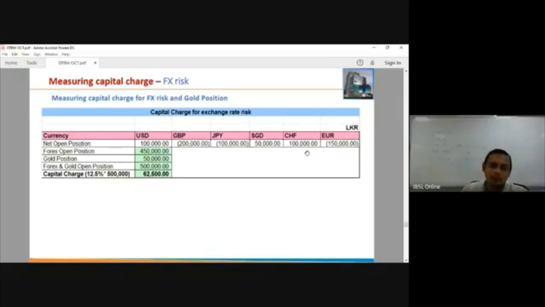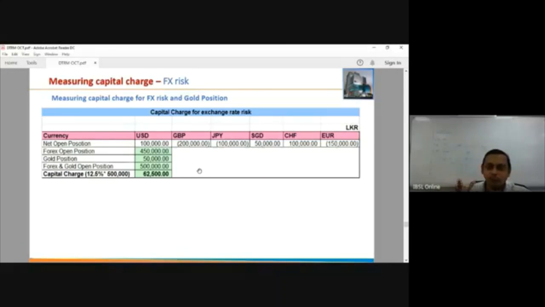Then the concept is ignored. Now, why do we compute the capital charge currency-wise, in different columns for different currencies? The currency risk differs. The currency risk of the dollar is different from the currency risk of pounds, and it's different from the currency risk of euros, right?